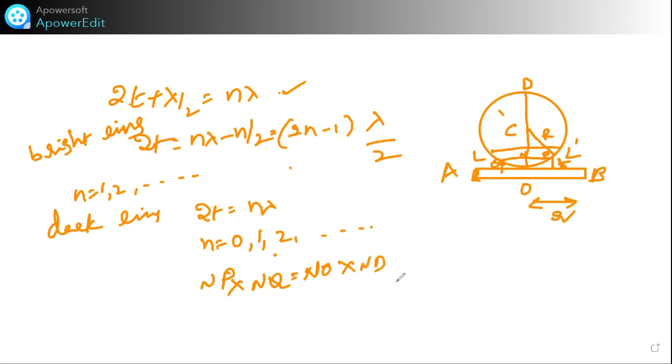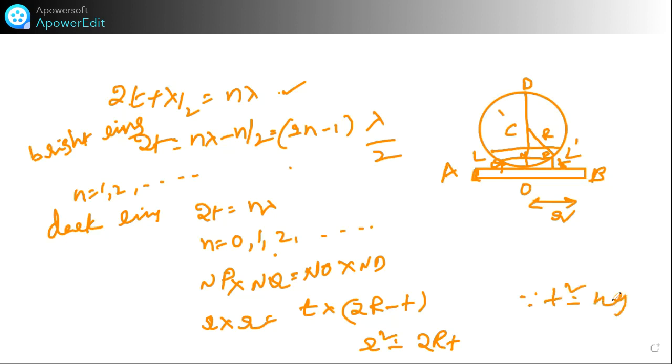That is the property of triangle. So substituting the values, NP or NQ is r, so r into r is equal to t into (2R minus t). After simplification we will get r square is equal to 2Rt. Since t square is negligible, r square equals 2Rt.